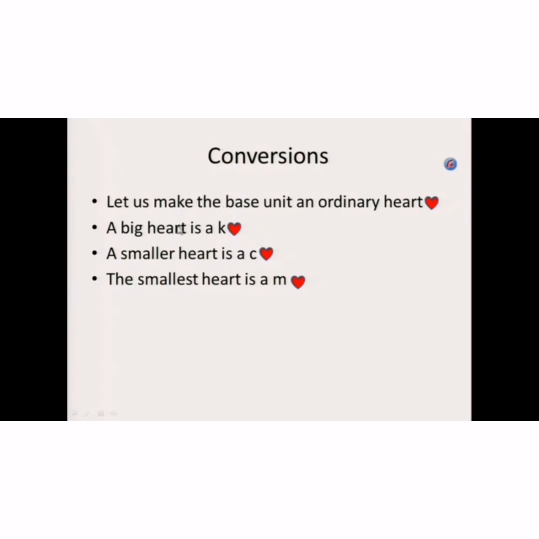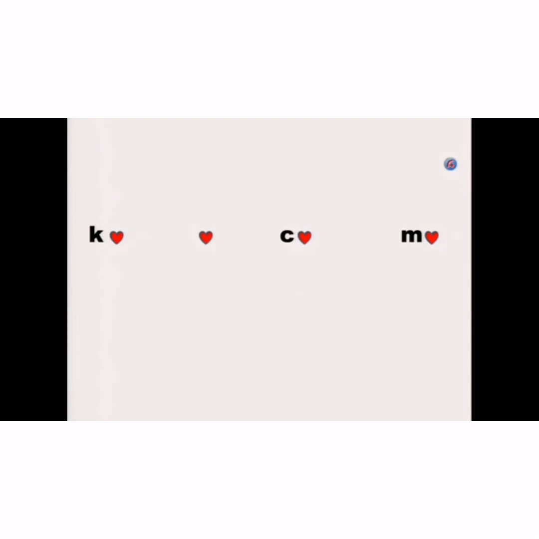If you have an extremely big heart, you will express it as a kiloheart. A smaller heart can be expressed as a centiheart, and a smallest heart will be a milliheart. We have the kiloheart, the heart, the centiheart, and the milliheart. If I go from the kiloheart to the heart, there's a conversion factor of 1000.